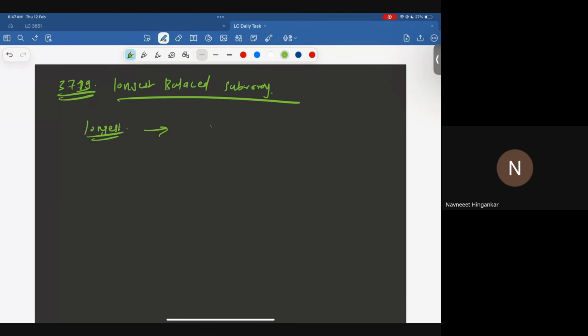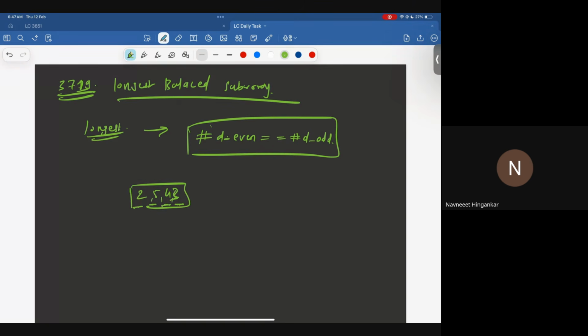Now we need to check if the number of distinct even is equal to the number of distinct odd. Let's say 2 5 4 3. This is my array. There are 2 odd elements and 2 even elements, so I can consider the entire array as valid. So the answer for this would be 4.